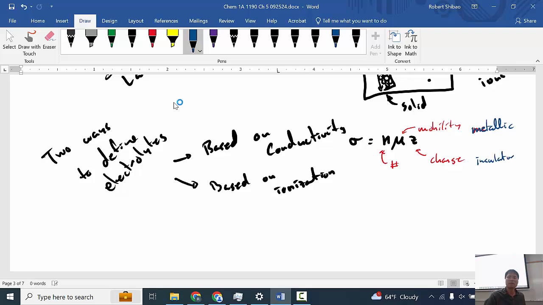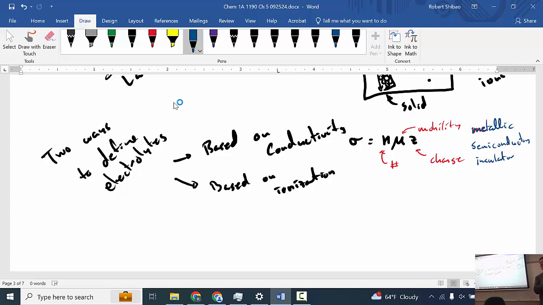And then in between metallic and insulator, we have semiconductors, which conduct a little bit. And so, based on conductivity, strong electrolytes have like metallic conductivity. Weak electrolytes have like semiconductor conductivity. And non-electrolytes would have insulator-like conductivity.